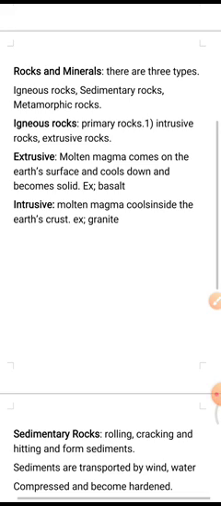These smaller particles are called sediments. These sediments are transported and deposited by wind, water, etc.